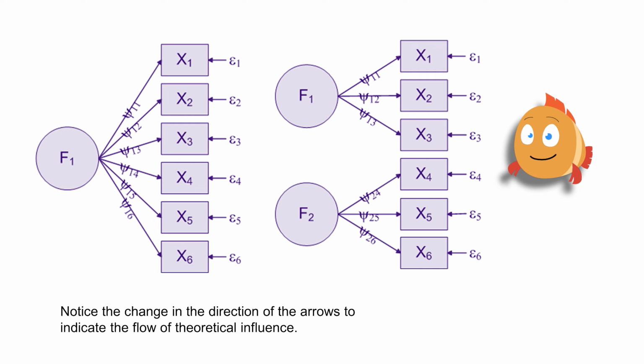So factor 1 only influences the responses on questions 1 through 3, while factor 2, let's call that anxiety, only influences the responses on questions 4, 5, and 6. There's no crosstalk, there's no dual influence. It's a very simple model.